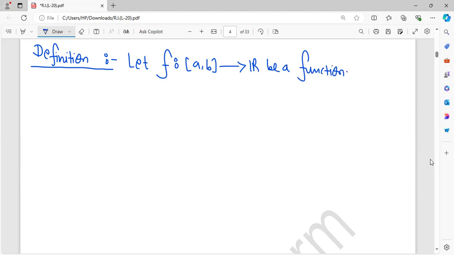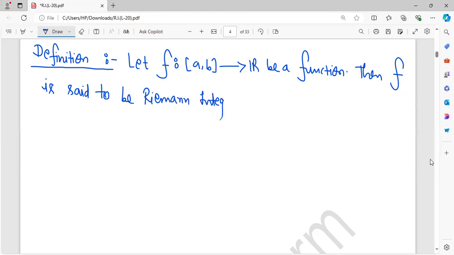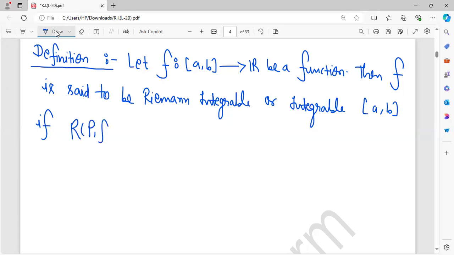Then f is said to be Riemann integrable, or just integrable, over the closed interval [a, b] if R(P, f) converges.